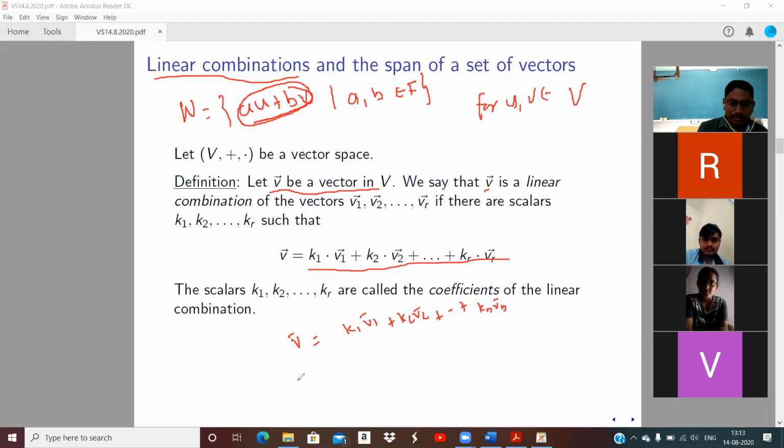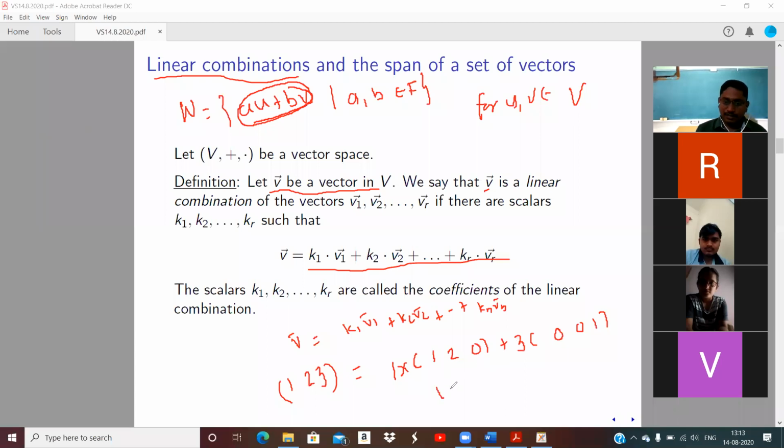Suppose I say (1, 2, 3). I can say it is a linear combination of, suppose I take two vectors, (1, 2, 0) and (0, 0, 1). So this can be written as a linear combination of two vectors. Here the scalar will be 1 and here the scalar will be 3, and just find the addition.